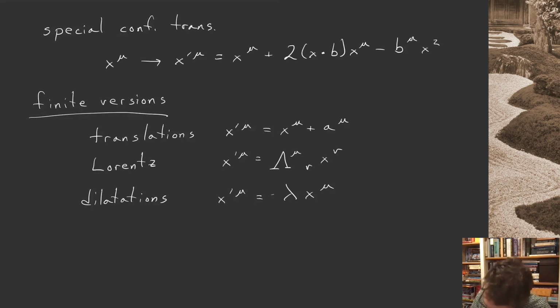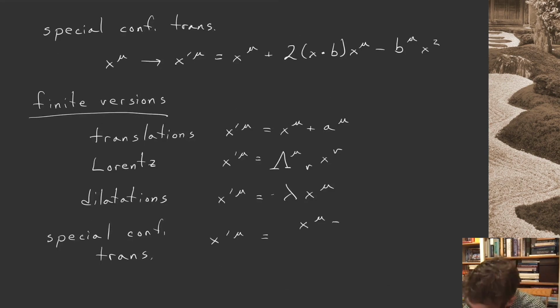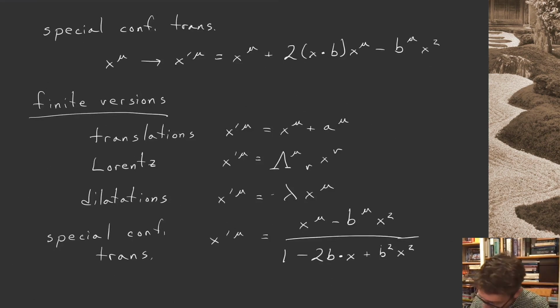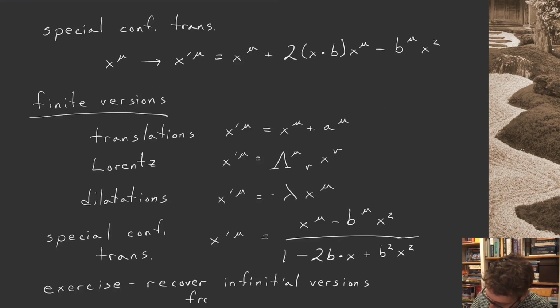And then finally, the new ones, the special conformal transformations, are the ones that look fairly complicated. I have x mu minus b mu x squared over 1 minus 2 b dot x plus b squared x squared. I leave it as an exercise to check that this is correct, so recover the infinitesimal versions from the finite ones.